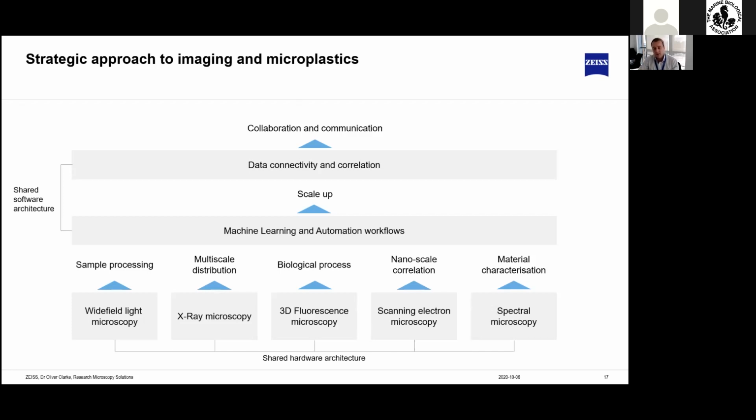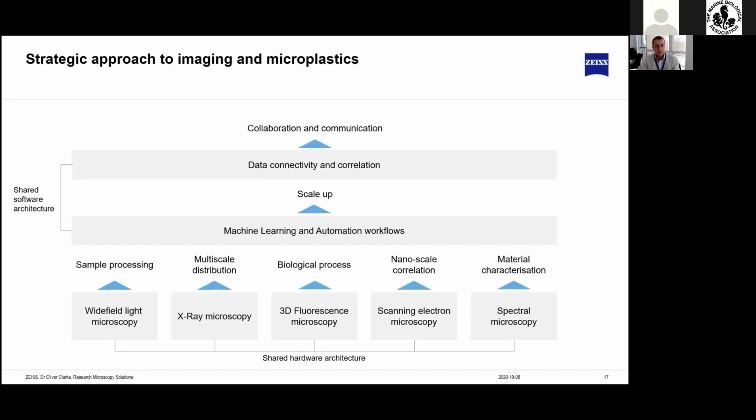The SEMs, they're the nanoscale correlators, so they really bring different elements together. If you can get that working, they're a really good way to tie data together and make sense of very nano-microscopical interactions. And then finally, the spectral microscopes give you the characterization. They give you the proof that this is a PET particle or a rubber particle or whatever.